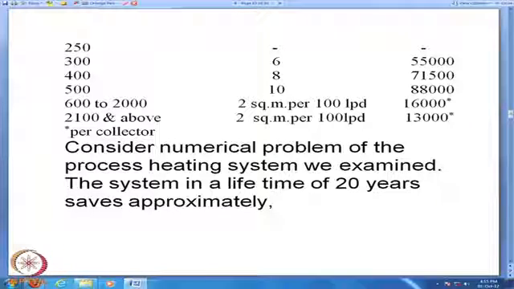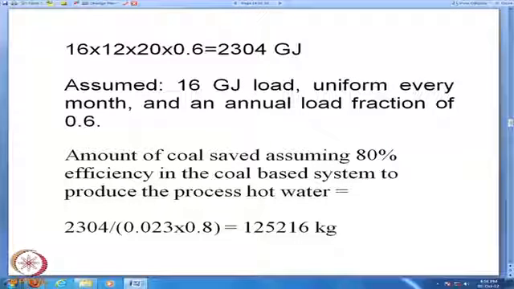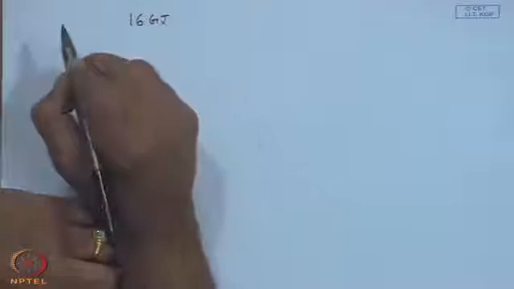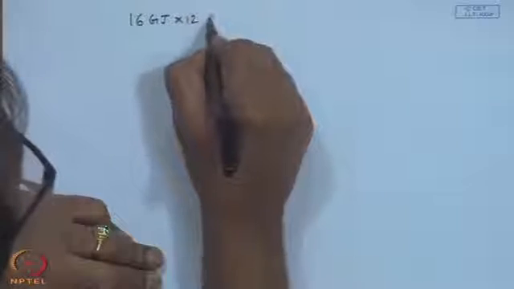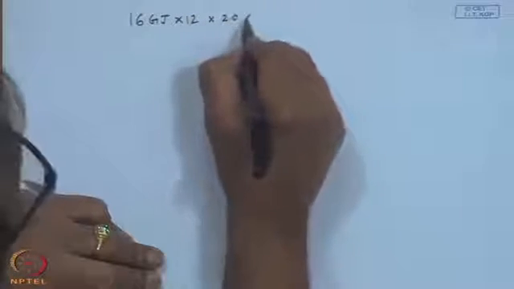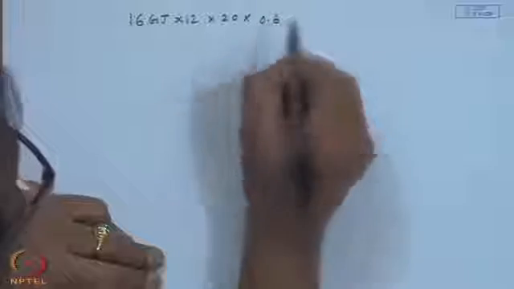So, let us consider the simple numerical problem of the process heating system we examined. The system has a lifetime of 20 years. In a lifetime of 20 years it saves approximately: we are considering 16 gigajoules of the load from the problem that we solved, for 12 months, which I am assuming to be uniform for 20 years, multiplied by 0.6.